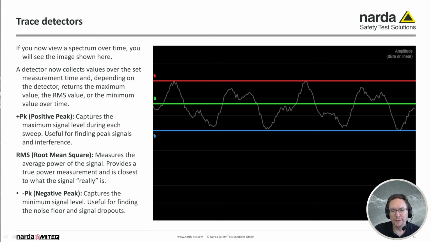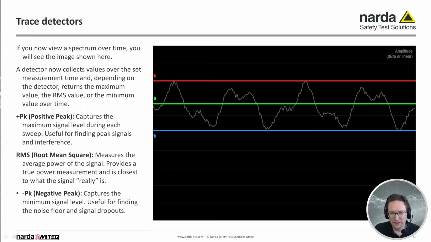The plus peak detector will now take, you set up the measurement time, and let's say the measurement time is 10 milliseconds, then the detector will wait 10 milliseconds and record this bin over time, and then with the plus peak detector, for example, it will just take the highest value of this 10 milliseconds for this bin and display it.